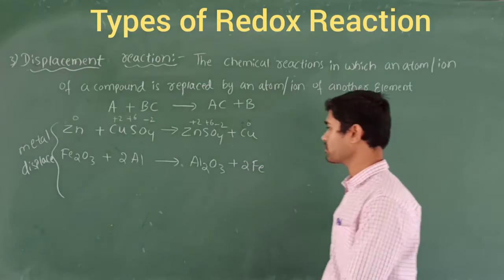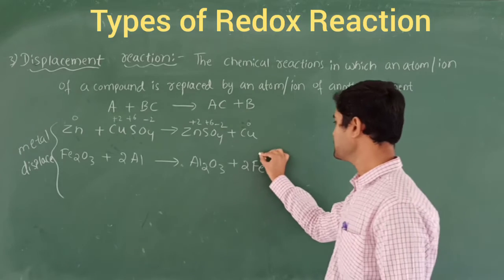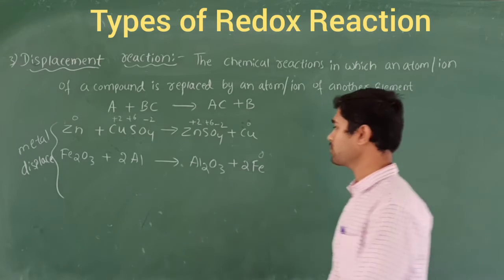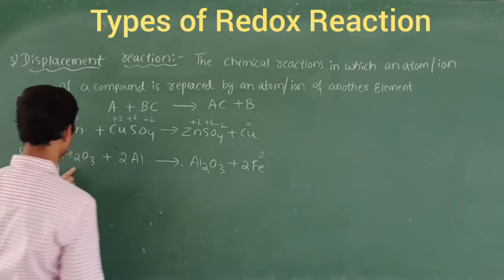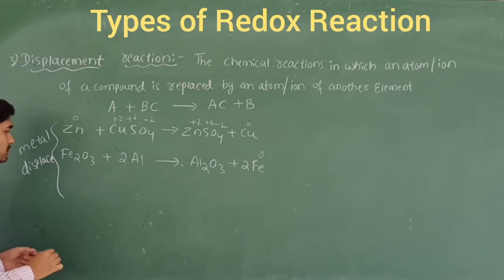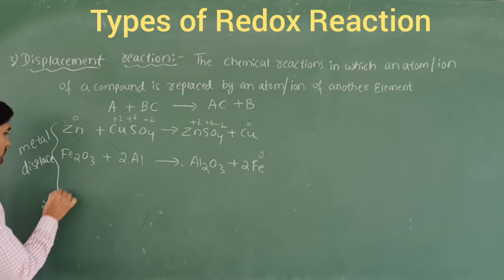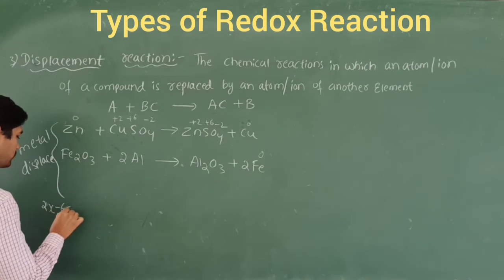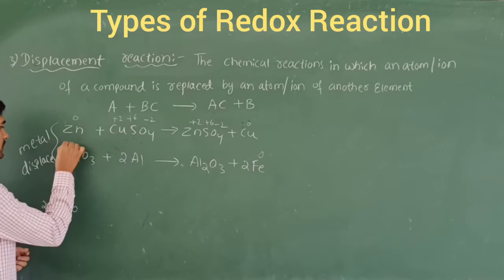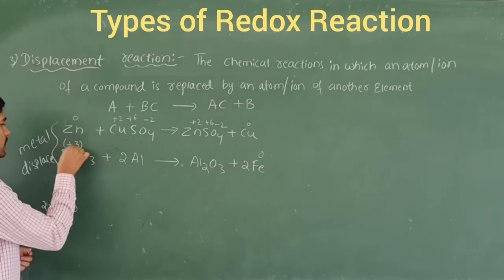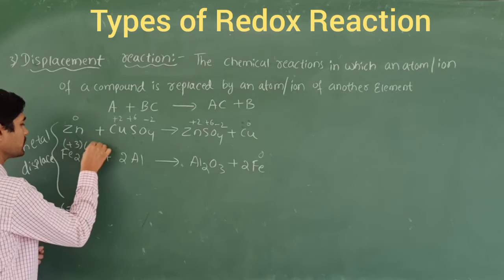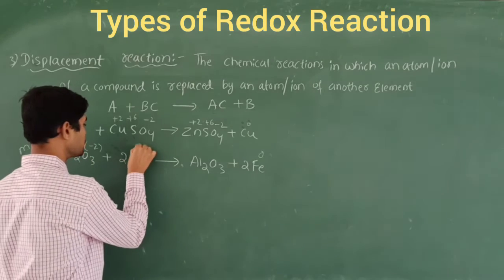So what about the oxidation number here? This will be 0. What about Fe? How to calculate this one? 2x minus 6 is equal to 0, so the oxidation number becomes +3. So iron is +3, oxygen is -2, and aluminium is 0.